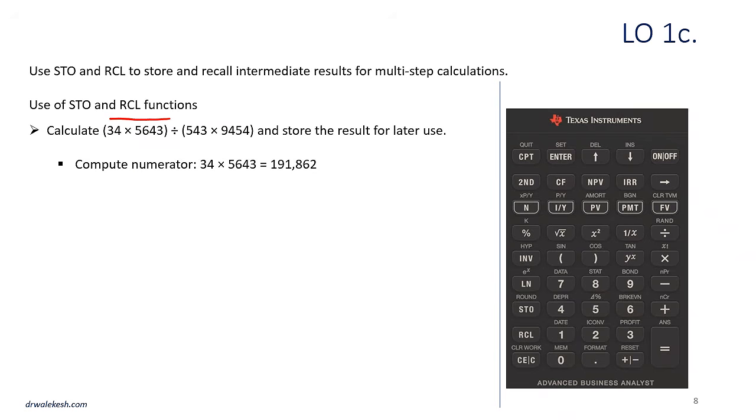So the first part is to compute this. To compute this, it will be 34, that's 3, 4 times the whole of this, which is 5, 6, 4, 3. I expect you to get this. So what we need to do is to store this. Since we do not want to write anything on paper, to store it, this is the store function. So we can press this, STO.